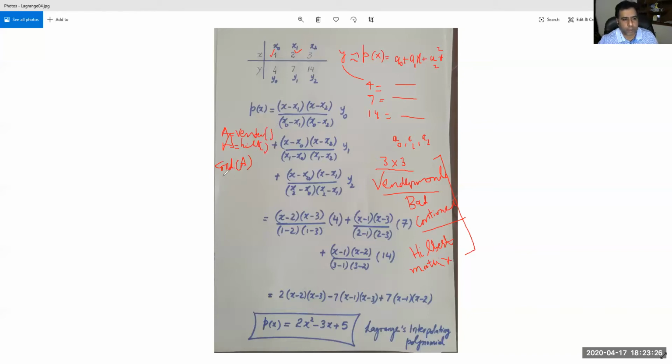Then you compute the condition of such matrices. You see the condition number scales very badly when you increase the size of these matrices. You can compute it for a 3 cross 3 Vandermonde matrix, a 4 cross 4, and a 10 cross 10 Vandermonde matrix. You see the condition number shoots up, and the same is the case for the Hilbert matrix.